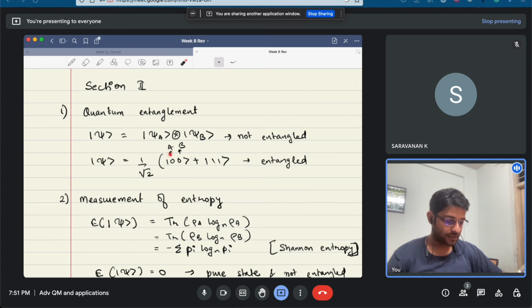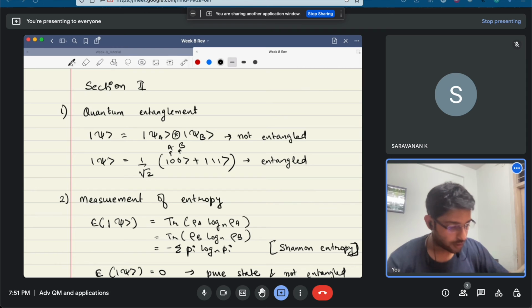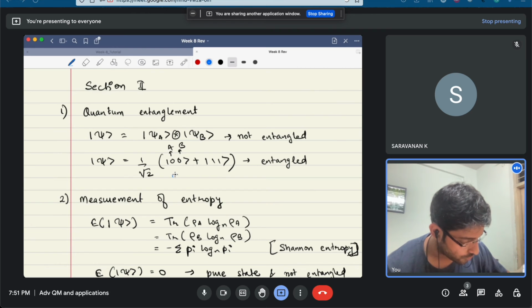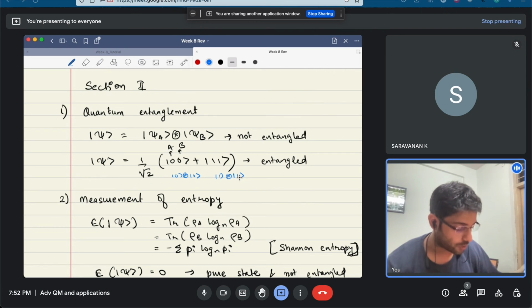So let's say you have a state of 2 qubits, and you have 00 and 11. You can see I'm missing a bracket here. You can see that you can't really separate them out. I can write it shortly here: these are 0 tensor 0, 1 tensor 1.